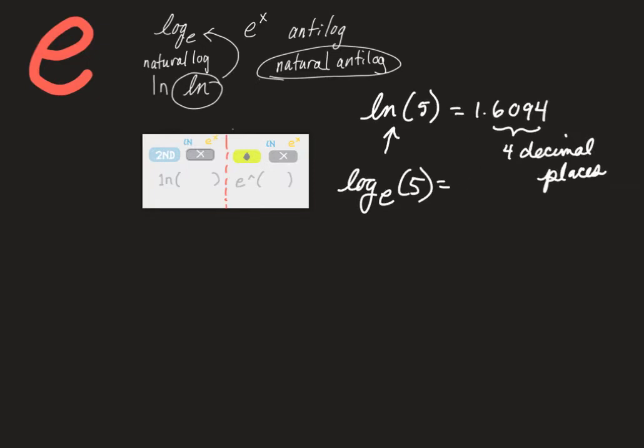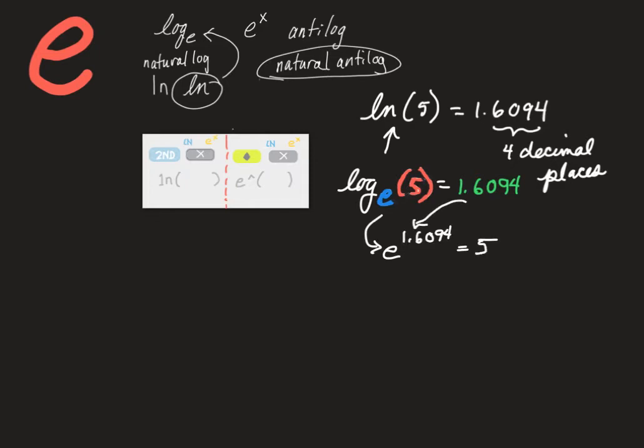And if we go ahead and rewrite that, 1.6094, 6,094 ten-thousandths. Now we can see what we need to do to convert this to exponential form. We have the base e to the exponent of 1.6094, there's the exponent, equals the argument.